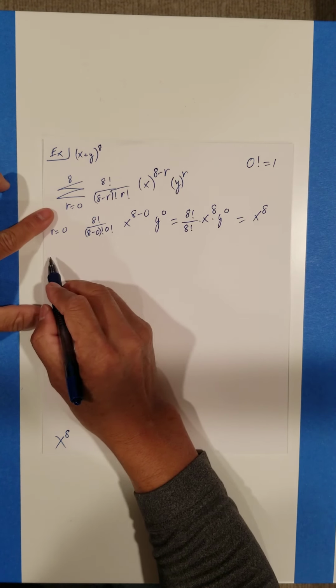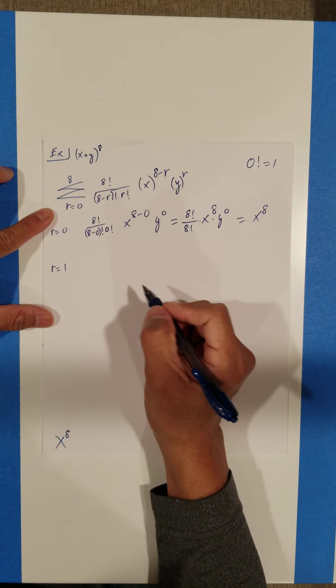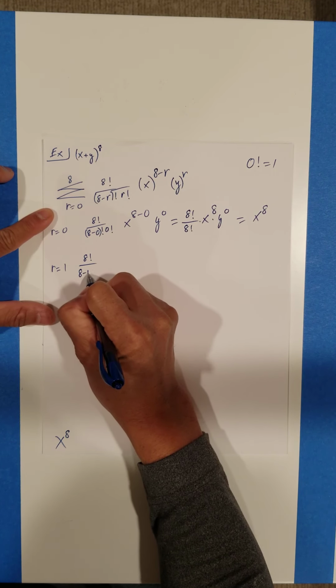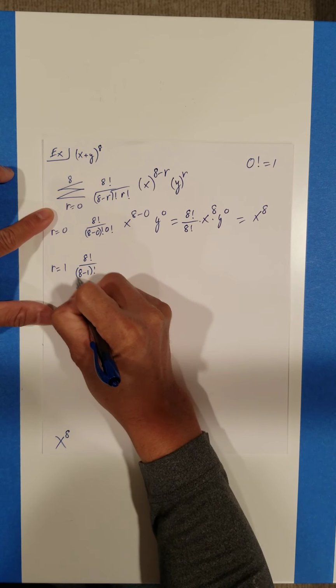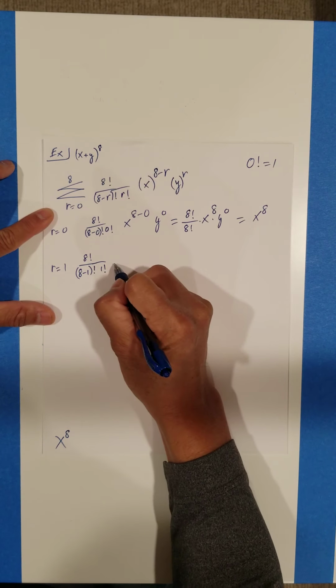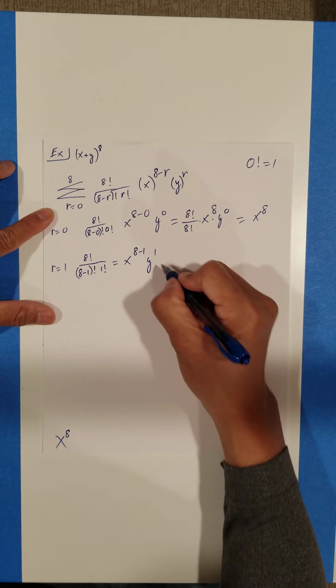Okay, now we're going to do it again. We're going to repeat this process, but we're going to let r be 1. 8 factorial on the bottom is going to be 8 minus 1 factorial, and on the bottom 1 factorial. Then x would be 8 minus 1, y would have power 1.